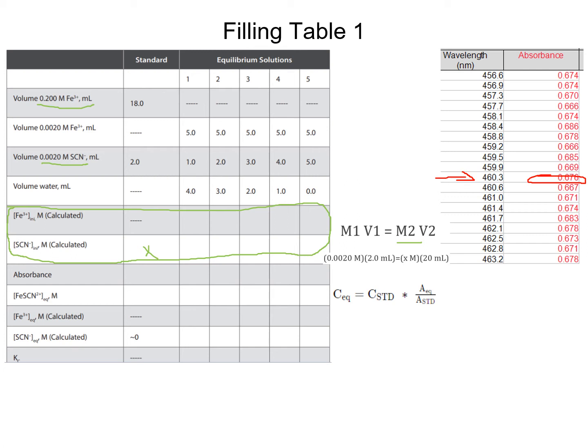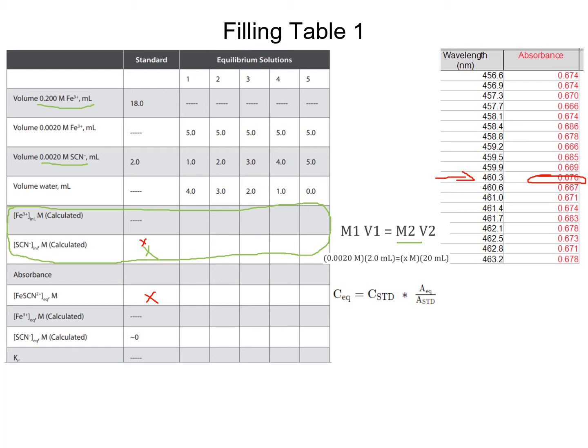So when we added the iron 3+, the 0.2 molar one, and also this thiocyanate, the 0.02 molar, we formed the product, which is FeSCN2+, and this value here is similar to this value here, just because we are assuming for the standard that all of the thiocyanate is being converted to our product, okay?